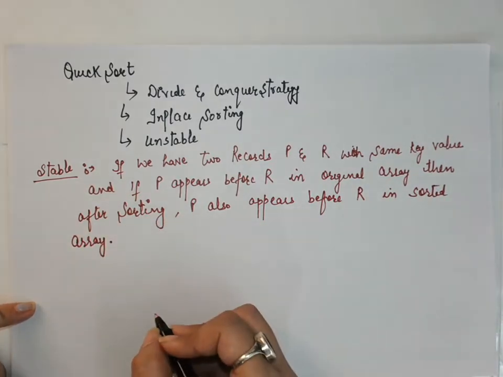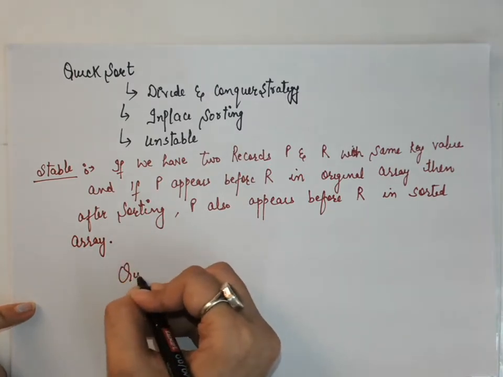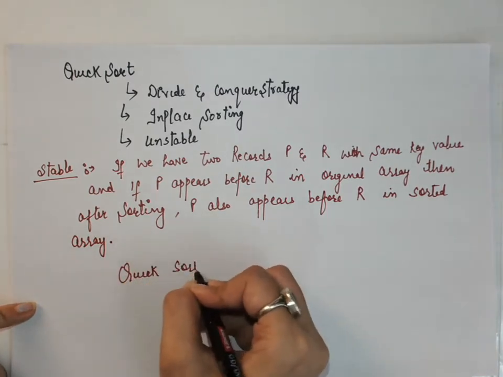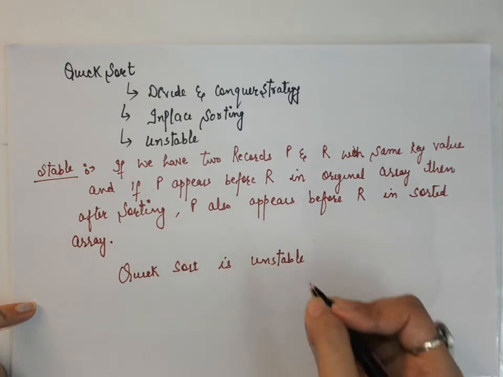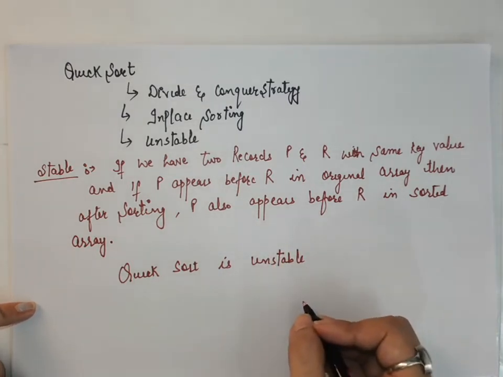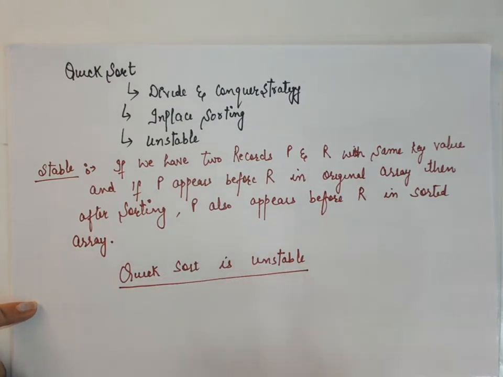But our quicksort is unstable because in quicksort swapping occurs based on the pivot element, so it is unstable sort.